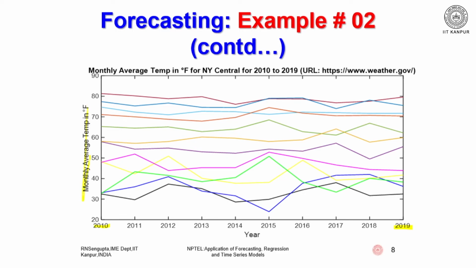So, this is in Fahrenheit, and this is the year. If I consider any one data for any one year, for example, the maximum I see for 2010 is this line, which I am going to mark with color here, this one.